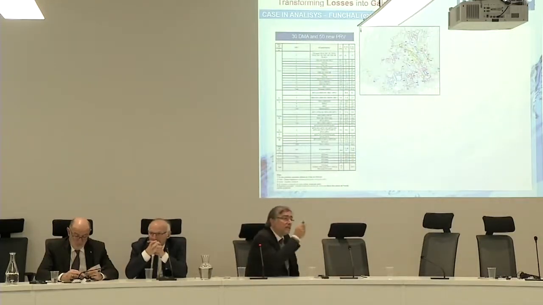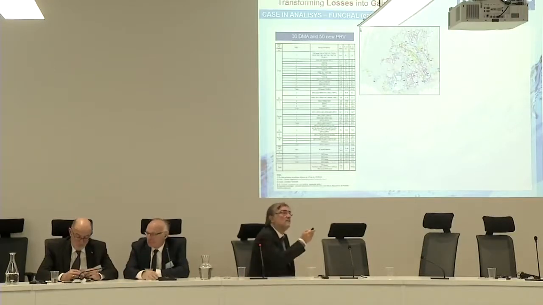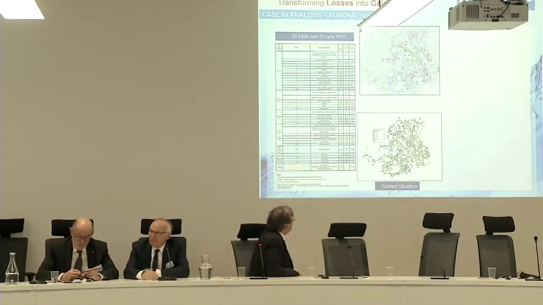We made 30 DMAs. You see the various colors. This is the current situation. As I told you, this is the hydraulic modeling with EPANET, because it's the cheapest one, and everyone has it in the old municipalities.